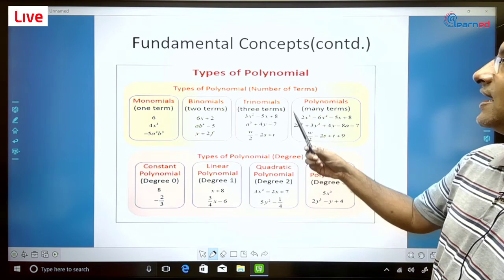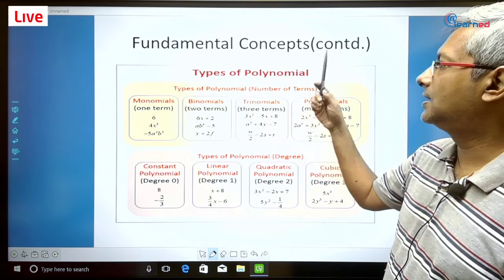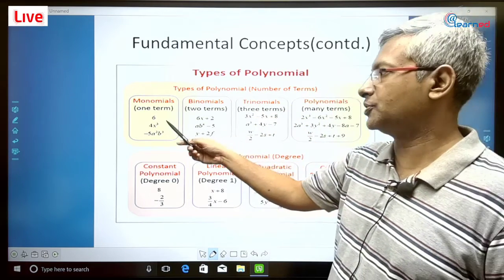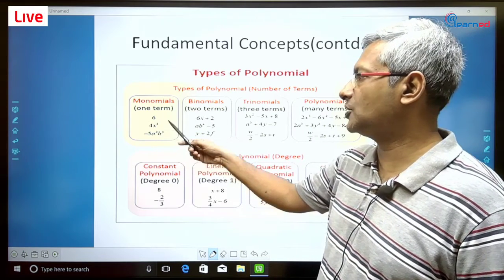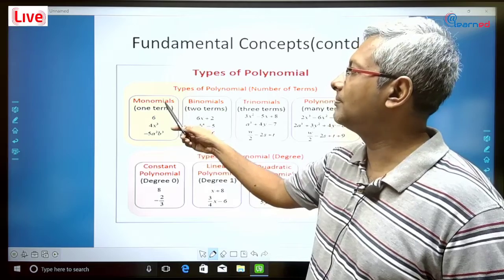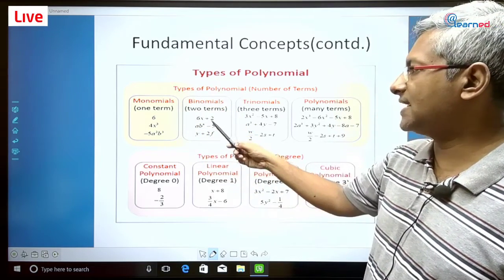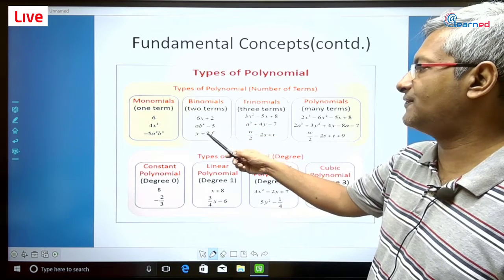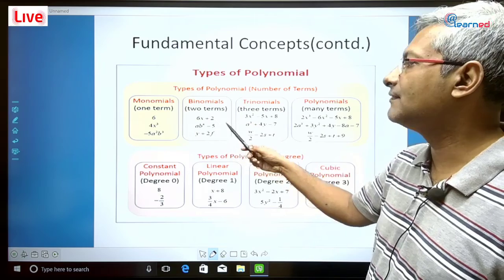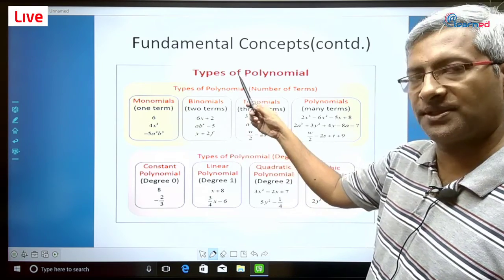Over here we are looking at polynomials. So a monomial will be a polynomial: 4x cubed, or minus 5x squared b cubed, only one term, but this is a monomial. So this is a polynomial. A binomial, like 6x plus 2, or a plus b, is a valid polynomial of 2 terms, and is also a polynomial.